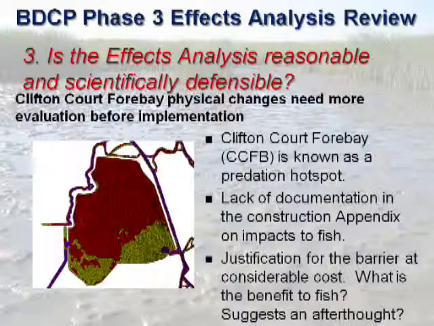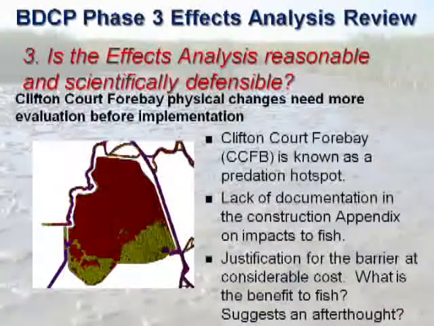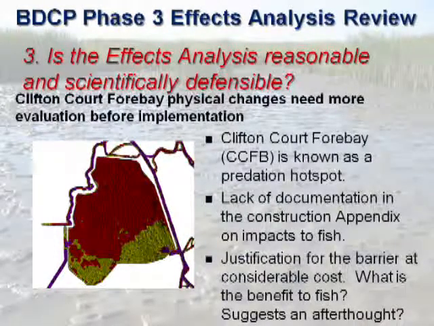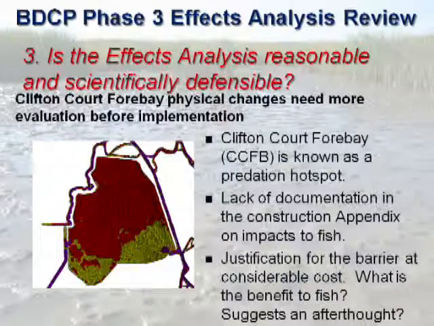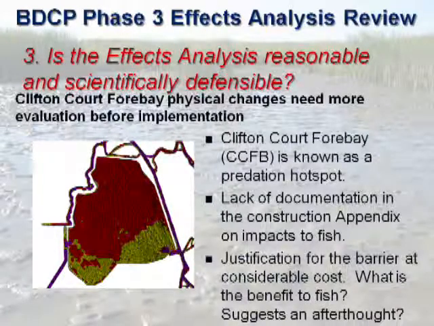I should definitely see in the construction appendix a discussion of how that will affect the fish, first of all. There was also a suggestion that there won't be fish in the north part of that forebay. I'm not sure that's going to happen. And I don't really know if it's really necessary to have a barrier between the north and the south, whether they can just drain into one location.